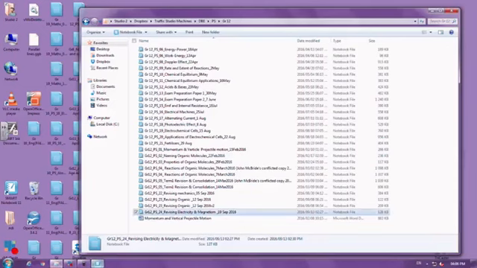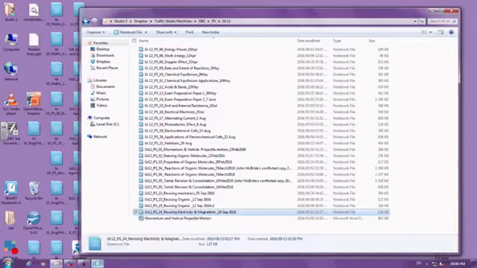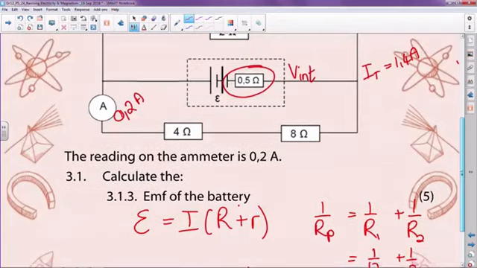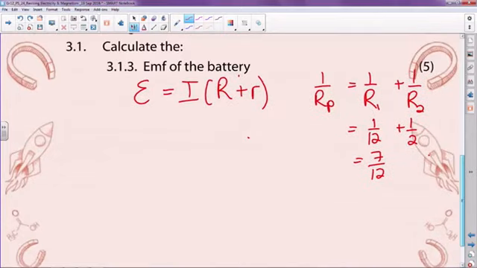Remember, that's 7 over 12. We flip it over, which gives me 12 over 7, which is 1,71 ohms.